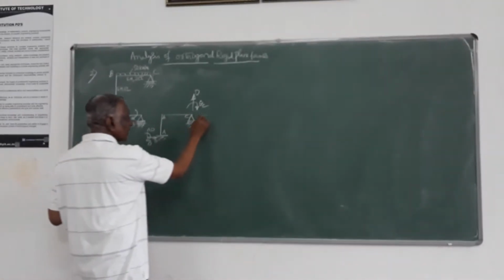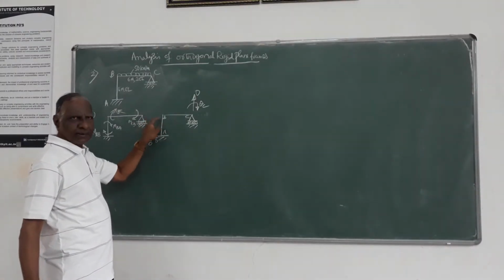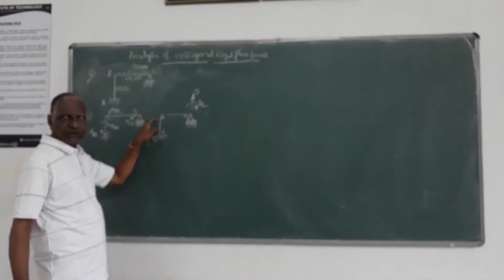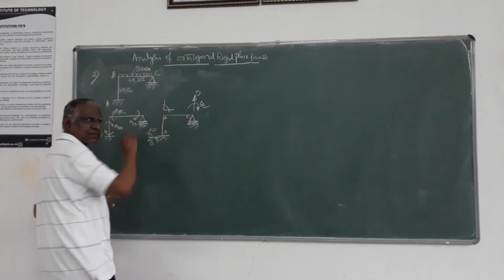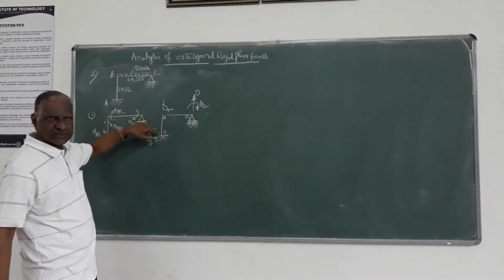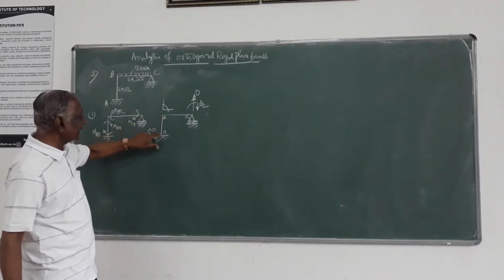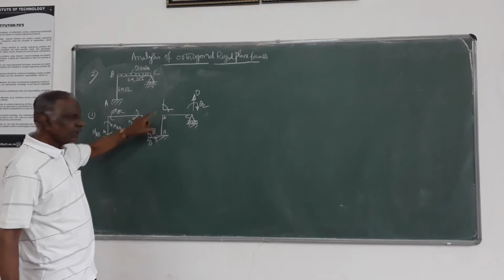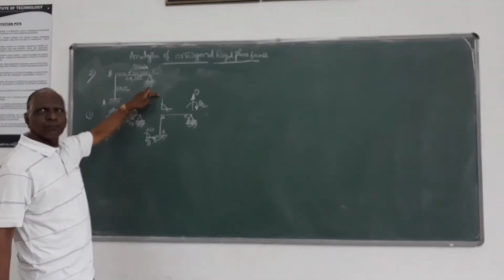This horizontal displacement, whether it is possible or not, we will examine now. So joint B. Joint B is a continuous joint. Here also there should be three displacements. Out of these three, the vertical displacement is not possible because the A end of the member AB cannot move in the vertical direction, so B also cannot move.